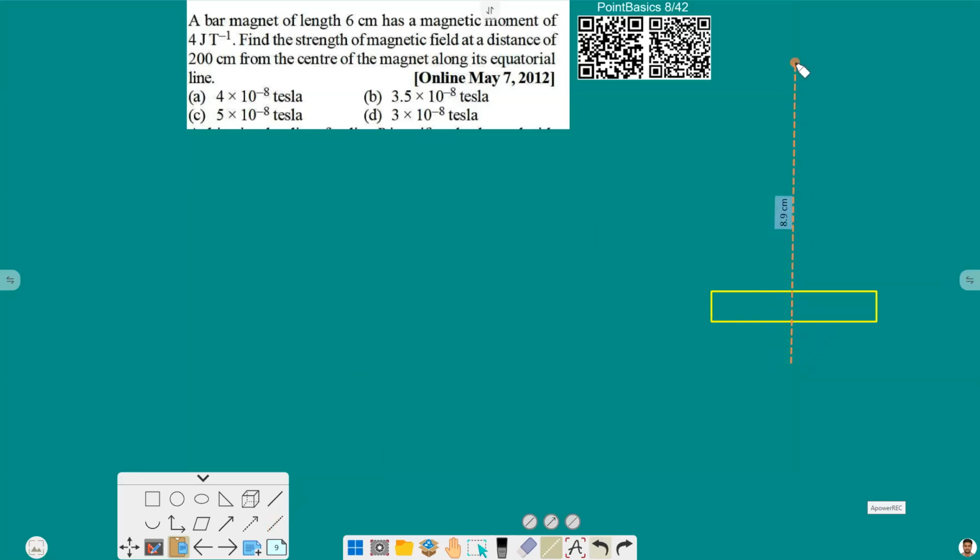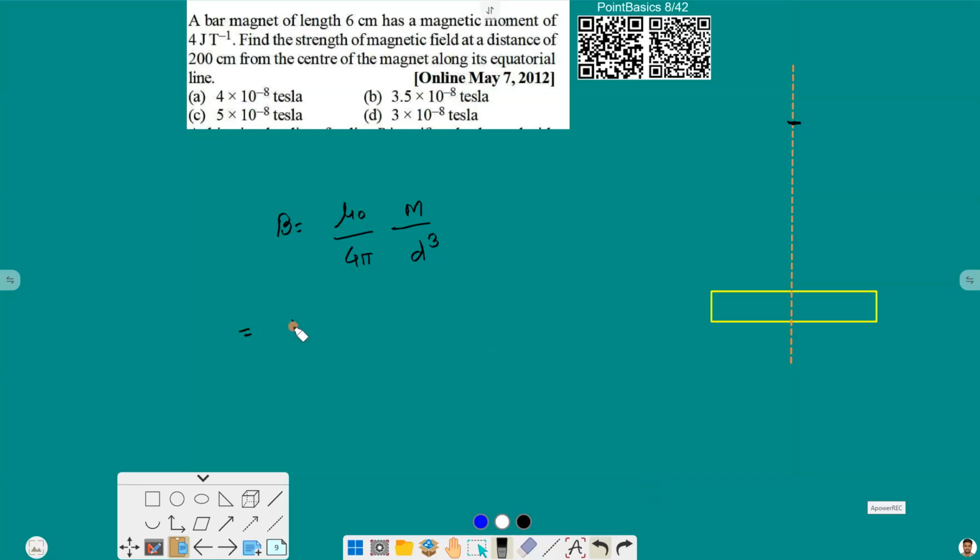Along this line we have to find the magnetic field. And we know along this line the value of magnetic field is given by mu naught by 4 pi, M divided by d cubed. That's the value on the equatorial.